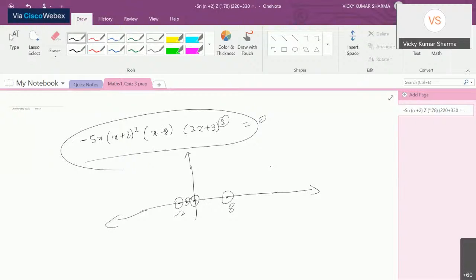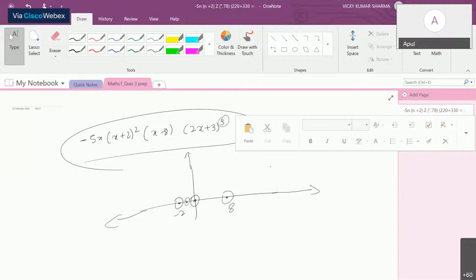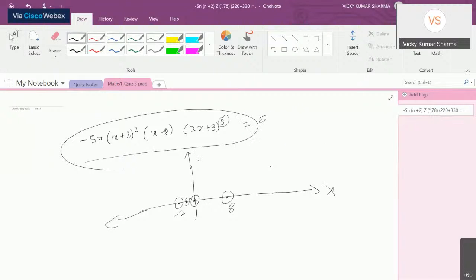So the degree is 7. It's basically not even, right? So it's going to cross the x-axis. If it is even, it would have bounced, and the ending would have been on the same side.